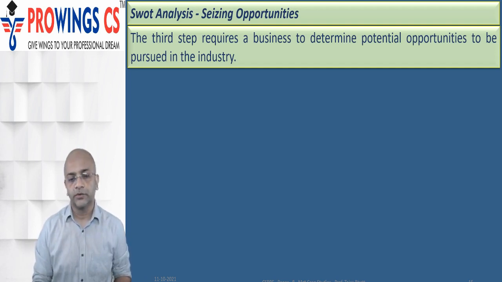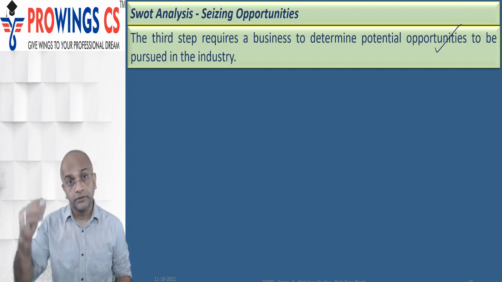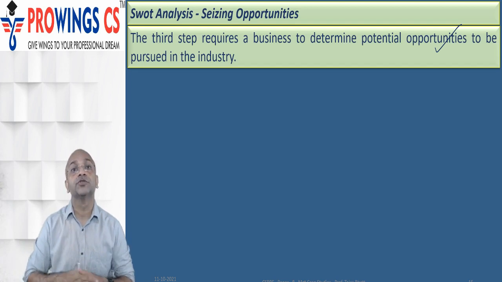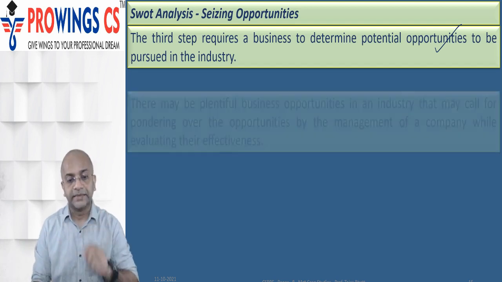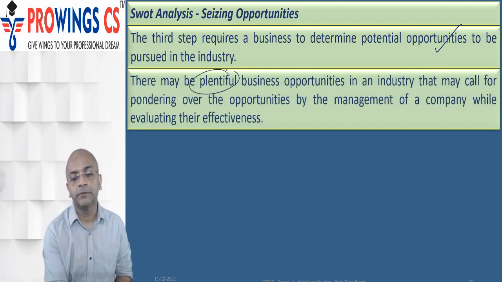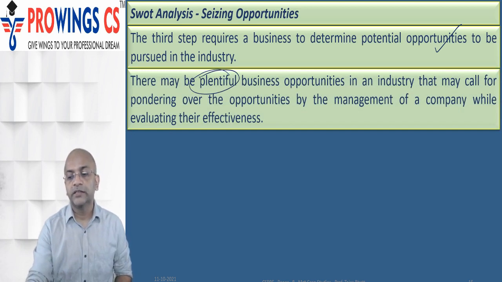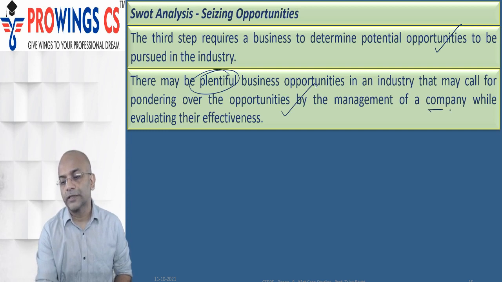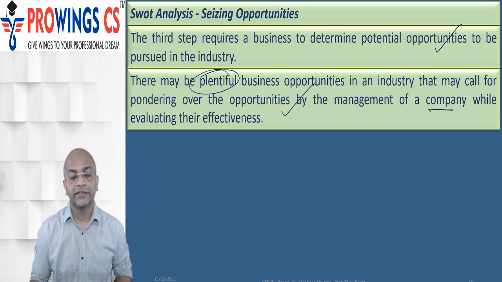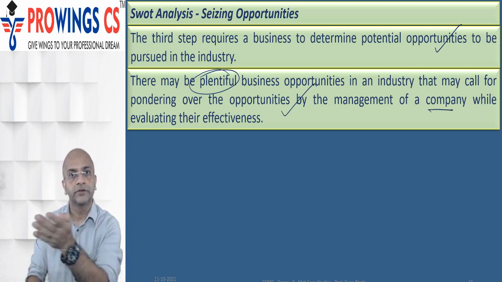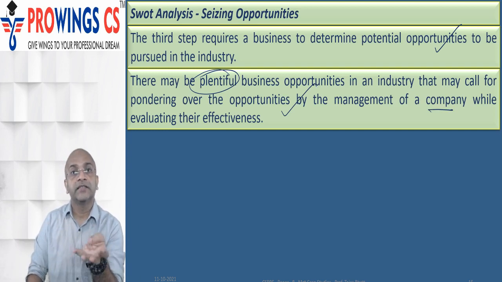The third step requires a business to determine potential opportunities, future opportunities to be pursued in the industry right now. There may be plentiful business opportunities in the industry that may call for pondering by the management of a company while evaluating their effectiveness. There will be so many opportunities available. For example, I can start exporting my product to other countries.